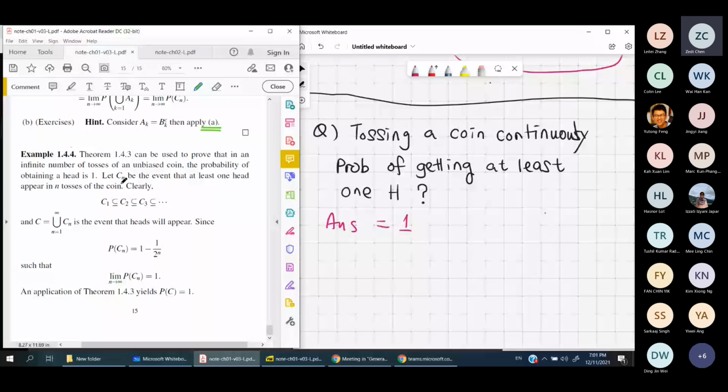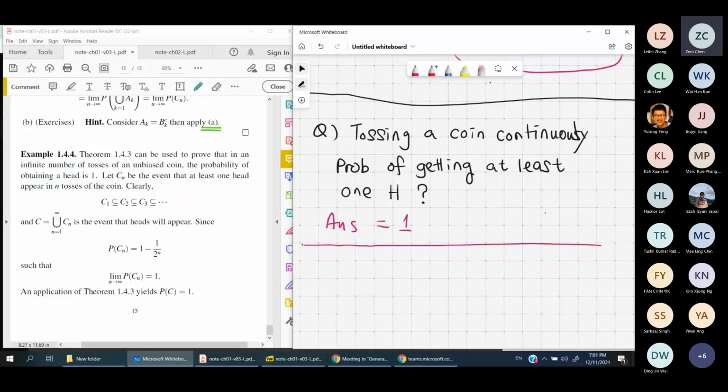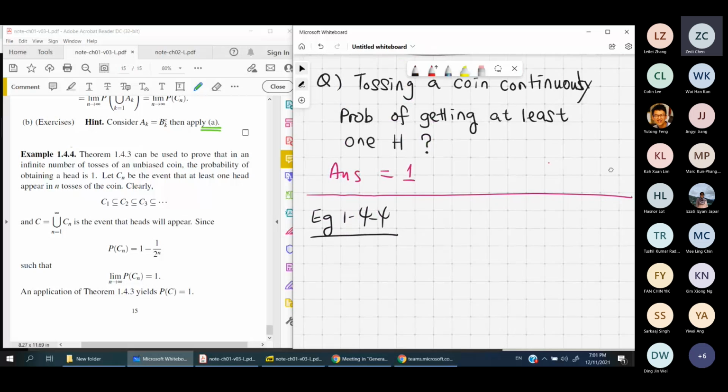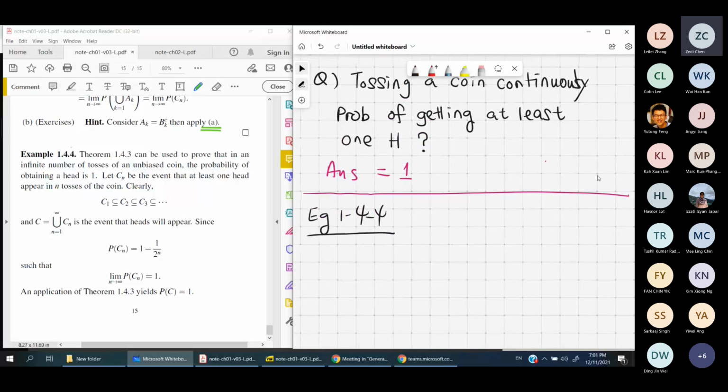So what we can do is let Cn be the event that at least one hit appears in n tosses of a coin.